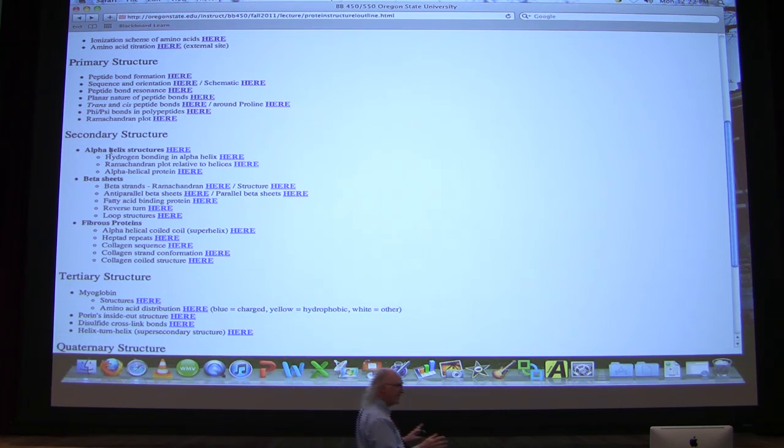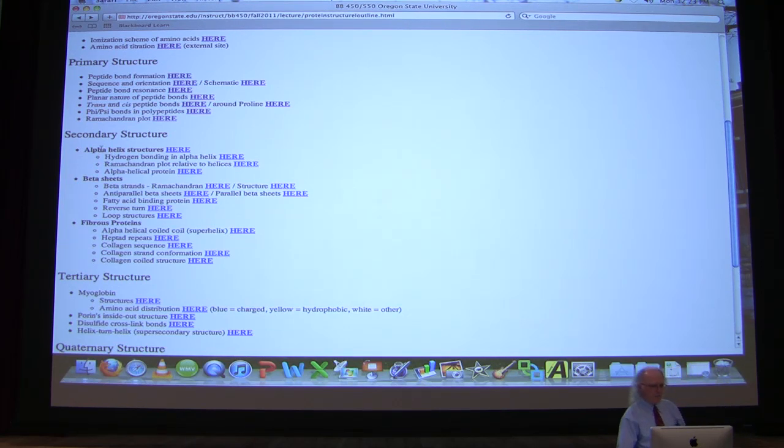I didn't include that in the definition, but technically it does mean it's a regular repeating structure. I'm going to show you some regular repeating structures in just a bit. The regular repeating structures I'm going to show you arise because of those limitations that we saw in the Ramachandran plot.